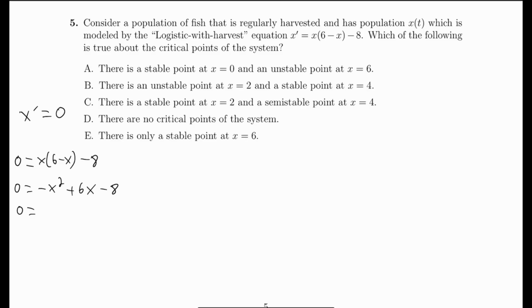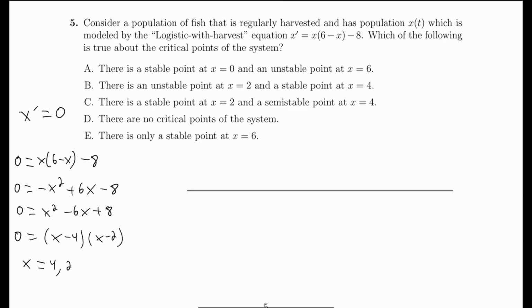I will flip the sign to make that easier to factor. And then that factors nicely into x minus 4 times x minus 2. So that tells us that we have critical points at x equals 4 and 2. Right away, this can rule out some answer choices, but we'll keep going.